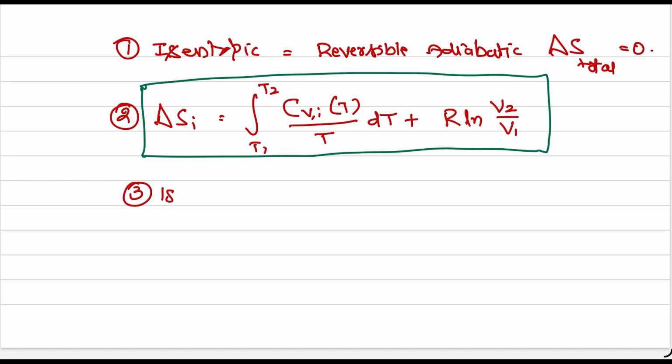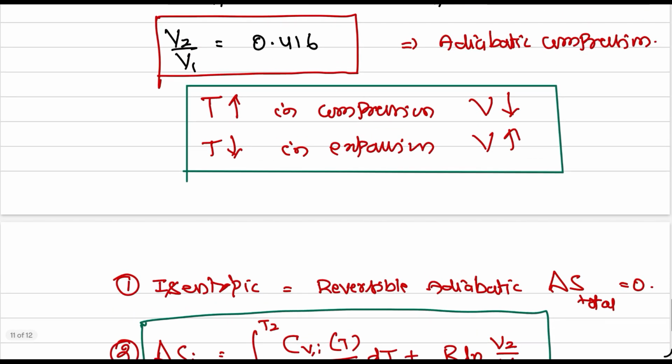We integrated and got the value, and we also assured that whatever answer we get satisfies the physical concepts we have understood from literature: whenever temperature increases, that denotes a compression where volume is reduced.